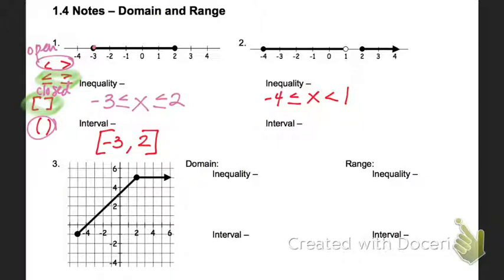And why do I have less than 1 instead of less than or equal to? Because it's an open circle. Then I'm going to say or 2 is less than or equal to x.